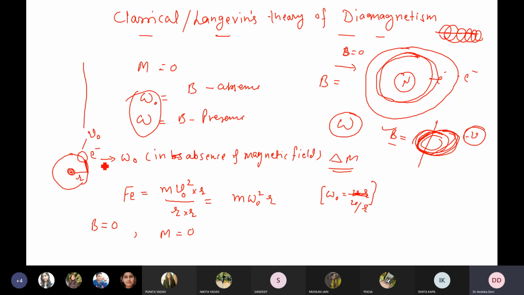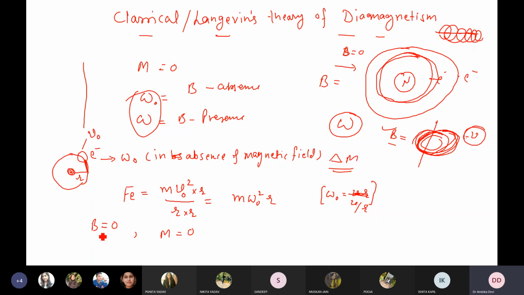So in the absence of any magnetic field, this electron is revolving around the nucleus under the impact of the centripetal force, which is given by Fe = m v0 square upon r, which is equal to m omega naught square r. Omega naught is the angular frequency of the electron.